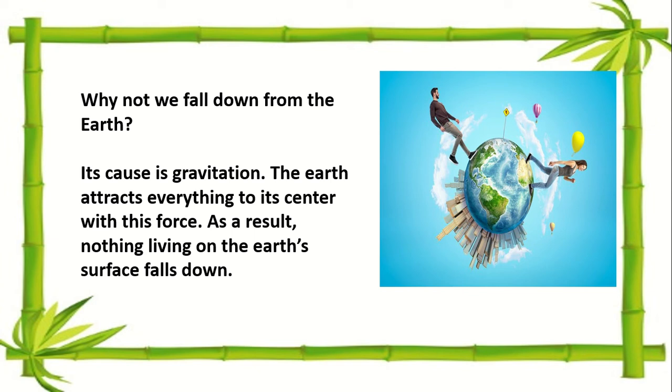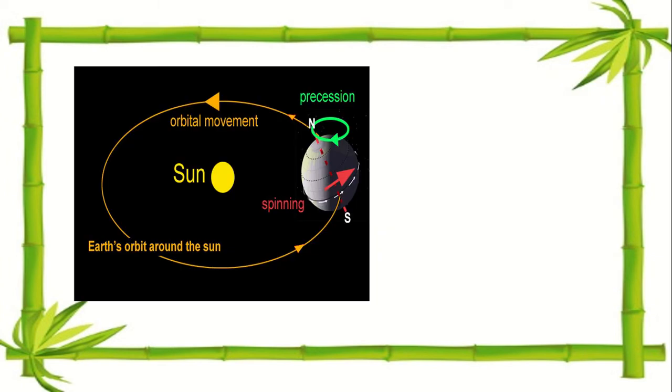Now, what is gravitation? It's the attraction power between two astronomical objects. So, its cause is gravitation. The earth attracts everything to its center with this force and as a result, nothing living on the earth's surface falls down. For this reason, we do not fall down from the surface.